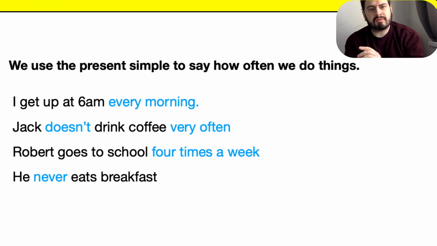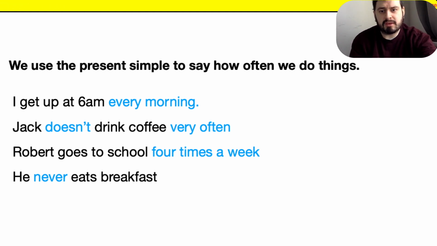Just be careful though with the sentence structure. If you want to say a time phrase like every morning or 4 times a week, we need to put it at the end of the sentence, whereas adverbs of frequency like never, for example, go between the pronoun and the verb. Just be careful of the rules here, but we usually use present simple, like I said, to say how often we do these things.